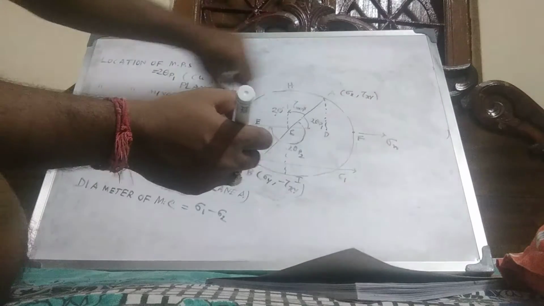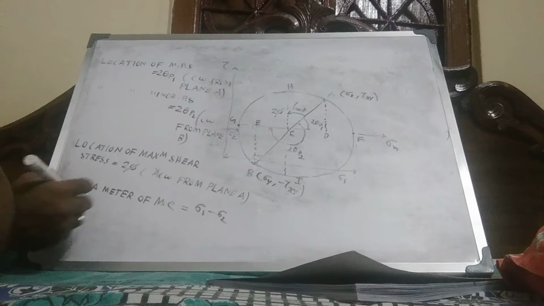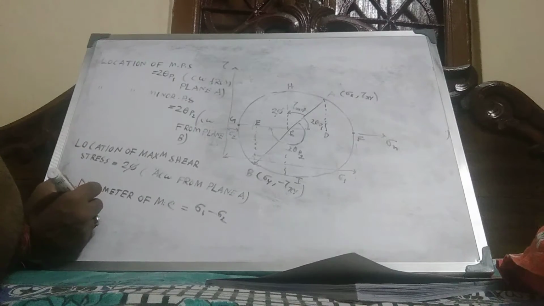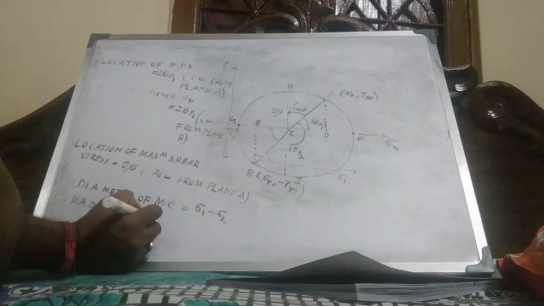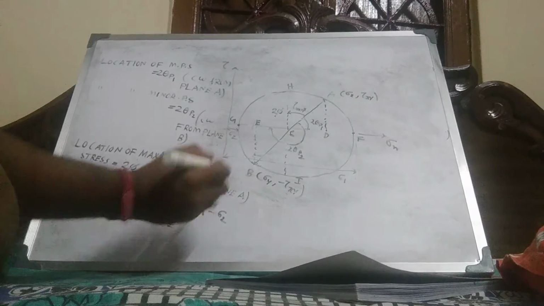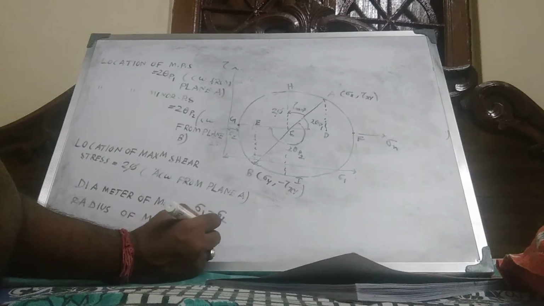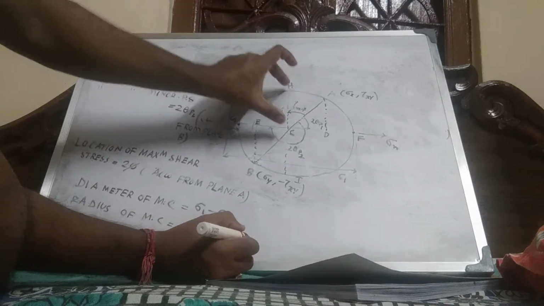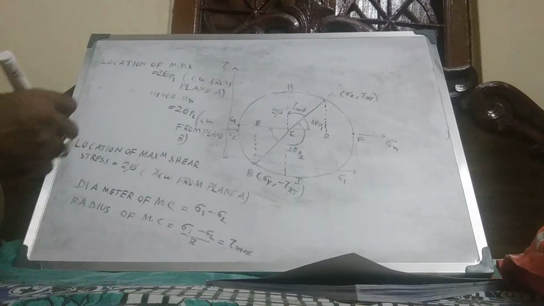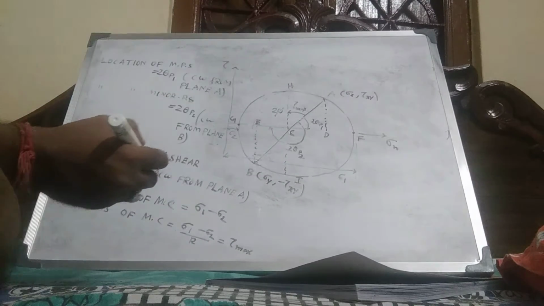So the radius of the Mohr circle is sigma 1 minus sigma 2 divided by 2, that is tau max. CH, or CI, is the maximum shear stress.